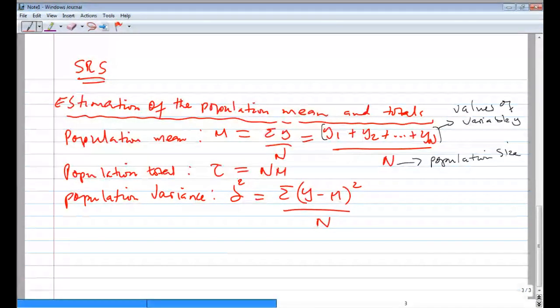That is why in this case sigma squared equals the summation of y minus mu all squared divided by N, not n minus 1. In the study guide on page 14, I divided by n minus 1. Just divide it by N instead. I think it's clear.